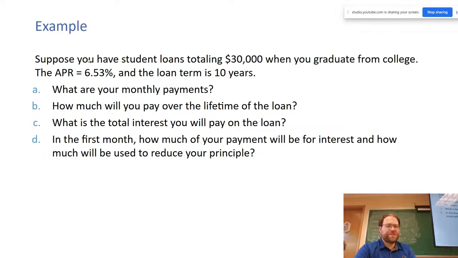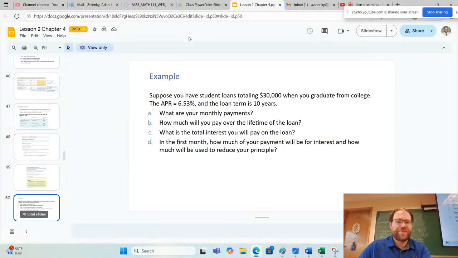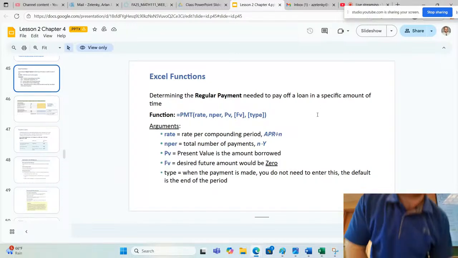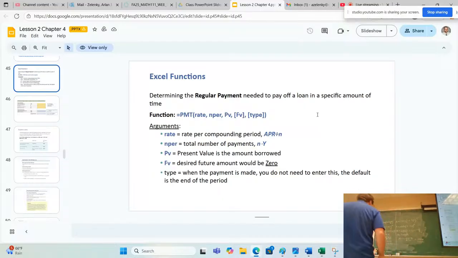But this leads us to an example with student loans. Suppose you have student loans totaling $30,000 when you graduate college. The APR is 6.53% and the loan term is 10 years. What we can do here is use Excel for this.